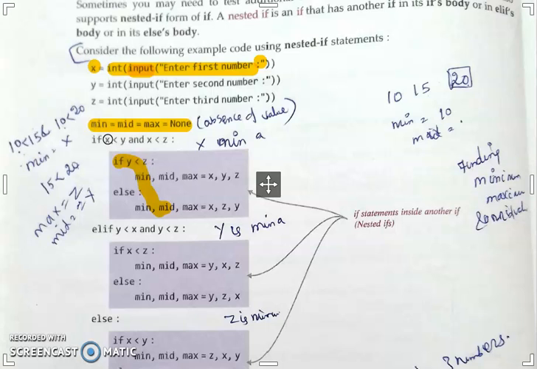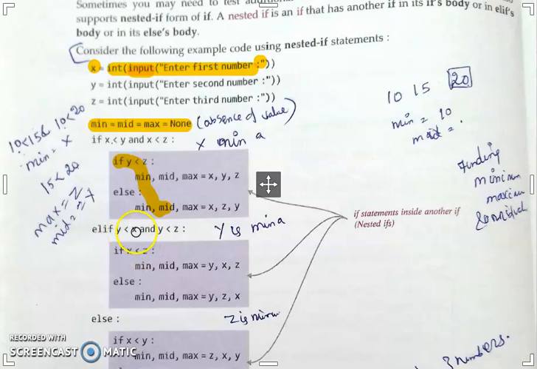Suppose x contains the minimum value, then I go for finding the largest value. Suppose x does not contain the minimum value, then again I am considering y as the minimum value. I am assuming y contains the minimum value. So y is checked with x and z. Suppose y is less than x and z, then y is the minimum value.